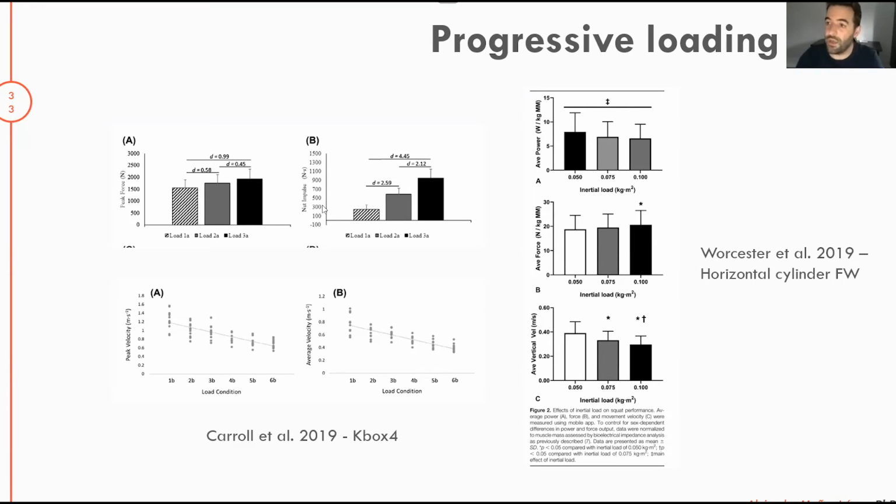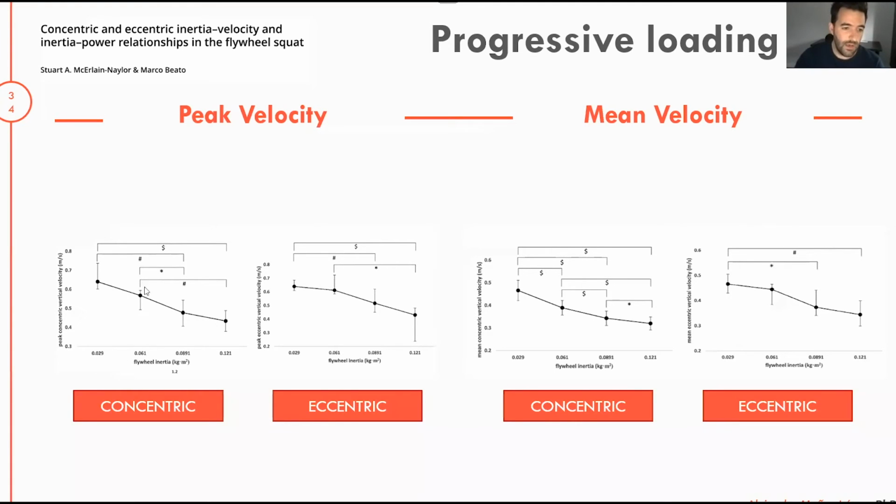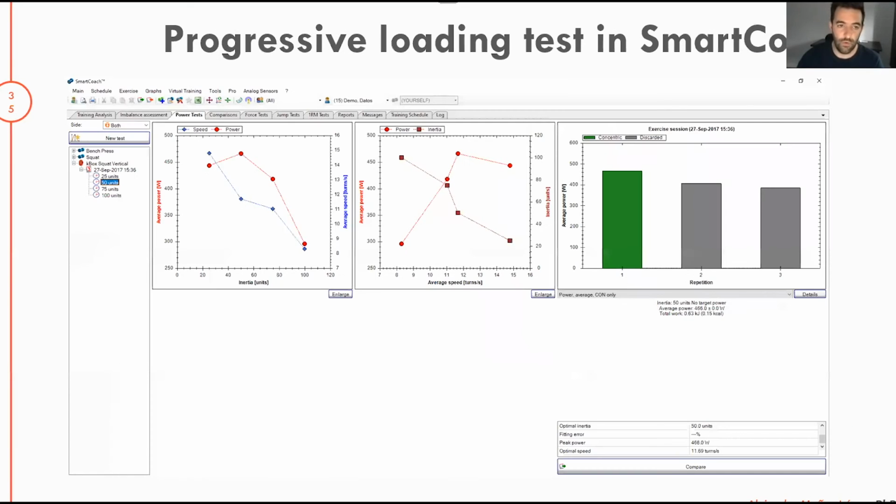So this is good news because you can apply the overload principle of resistance training programs also using those devices. But as I said, it is just information about absolute loads, nothing relative for the moment. And here also you can see how peak concentric, vertical or eccentric, and mean velocity decrease as you increase the moment of inertia, which means that the highest moment of inertia has a greater external workload.